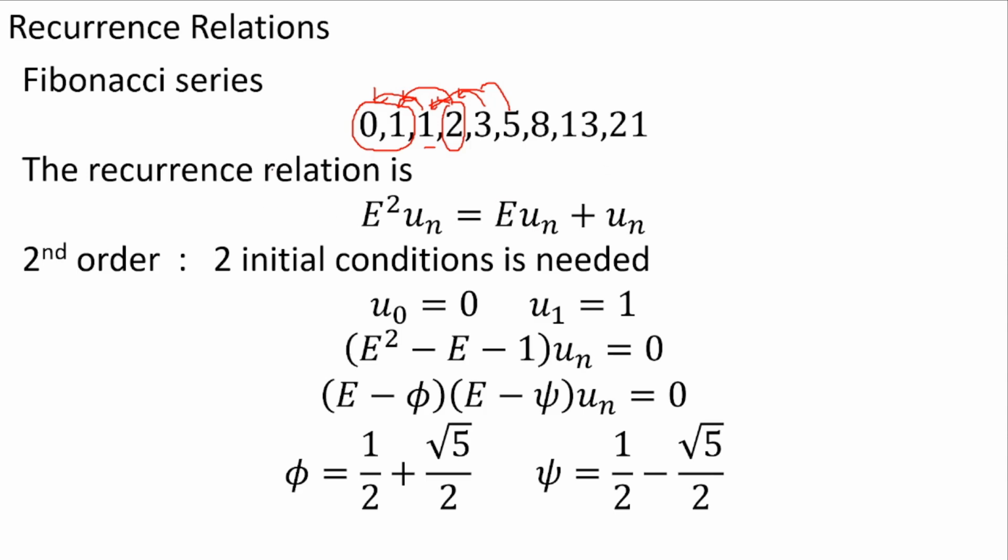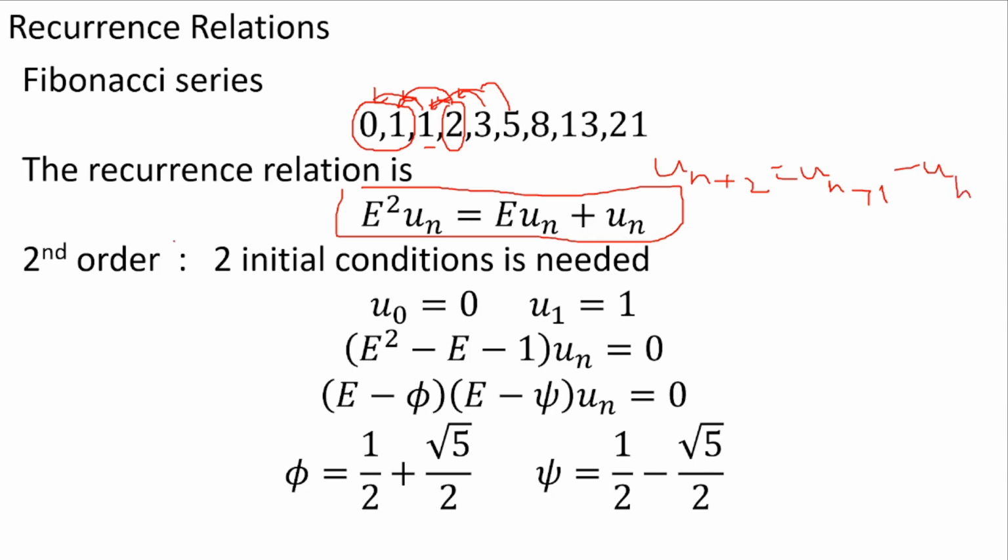This recurrence relation can be thought of as e squared multiplied by un equals e un plus un. This is derived from un plus 2 equals un plus 1 plus un.